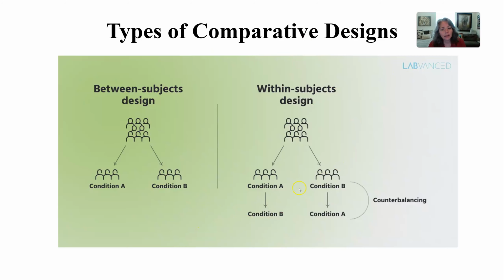And so when you're talking about comparative designs, where we're comparing groups, we can do a within group study or a between group study. In a within group study, it's one group, but you measure them twice.